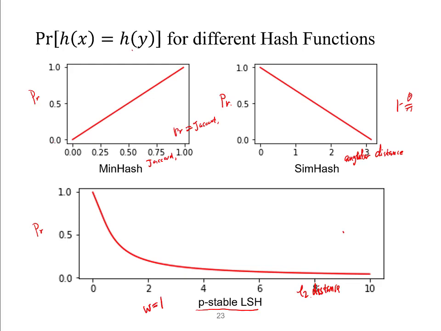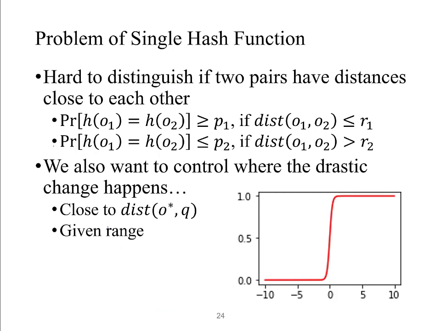If we have two pairs, pair 1 and pair 2, their corresponding distances are close to each other, and the probability of being hashed together is also close. So it is too smooth.